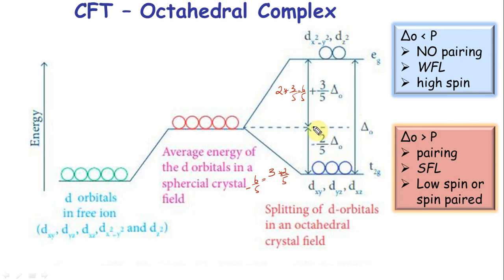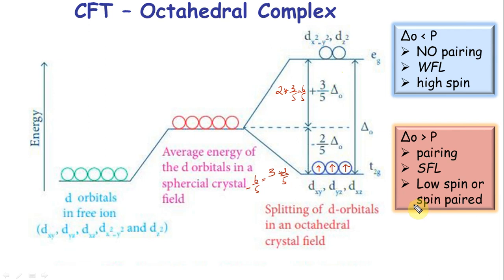Now let's say I have to put electrons. The first electron will go here, not a problem. The second electron goes here because I have to follow Hund's rule. Then when I have the fourth electron, either I can pair here or put it up here. What determines that is, if I pair here, I have to overcome electron-electron repulsion within an orbital.